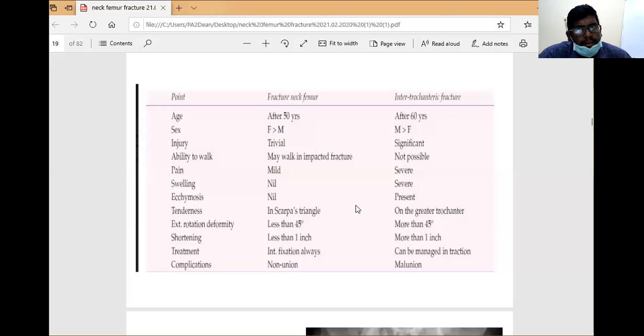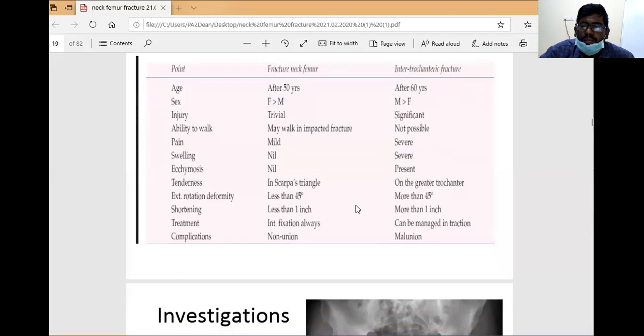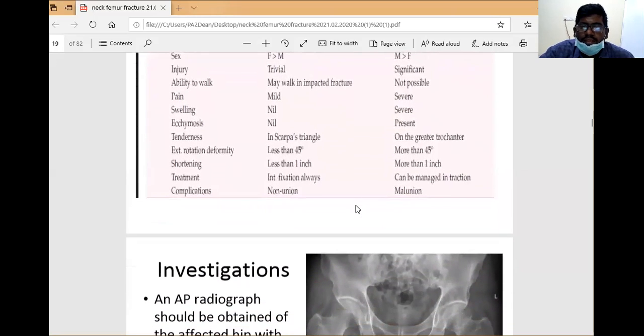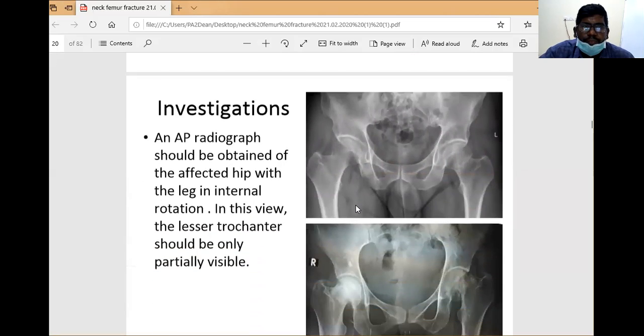The cambium layer is responsible for new bone formation, and that layer is absent within the hip joint periosteum. So non-union is more often seen in fracture neck of femur. In intertrochanteric fracture, it unites, but malunion is common unless there is an intervention.